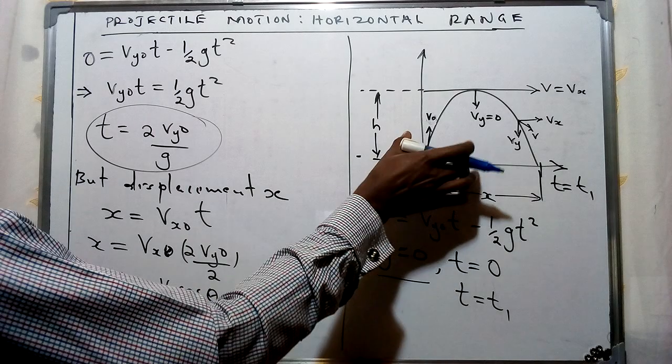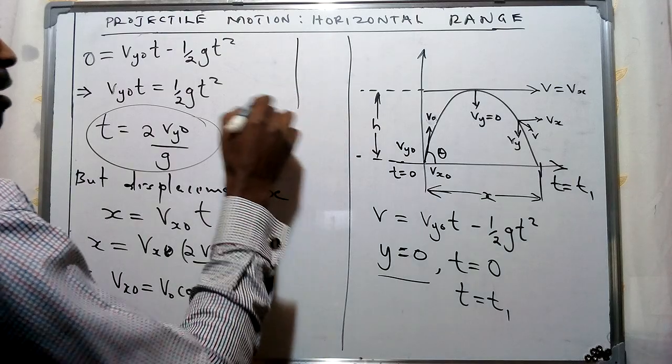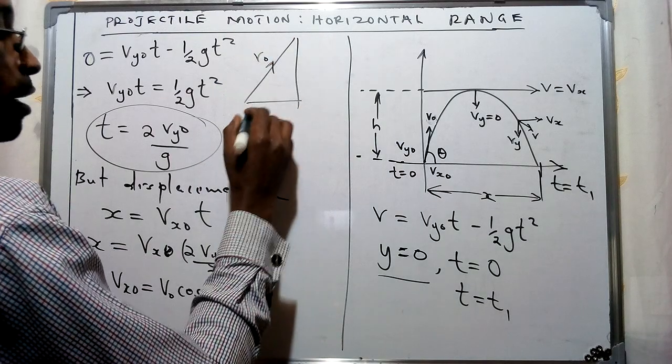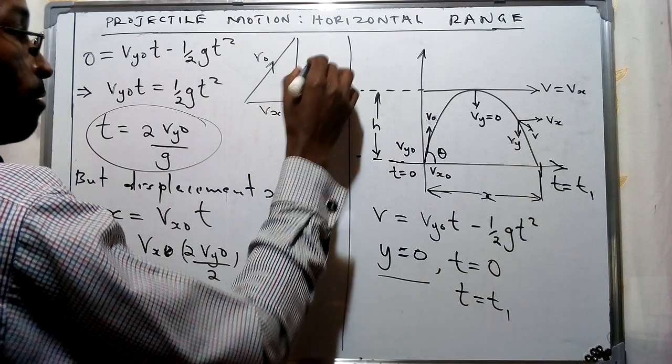Now in this case, we evaluate this from a right angle perspective for us to find this resultant v naught, whereby we have vx naught and vy naught.